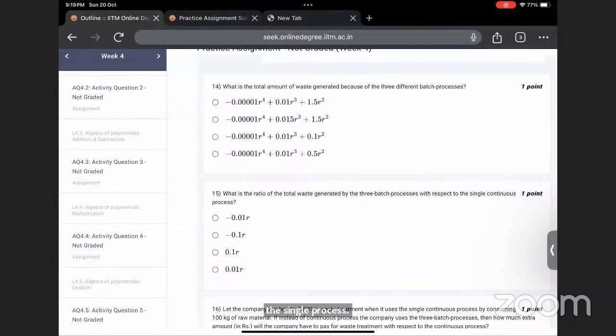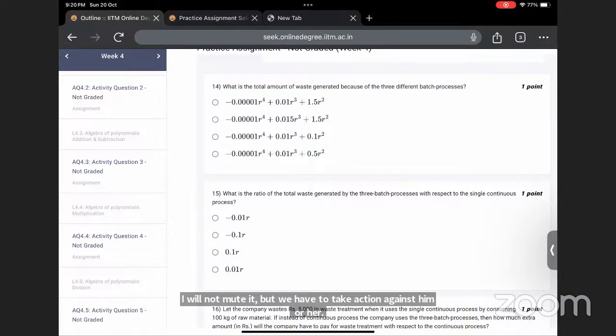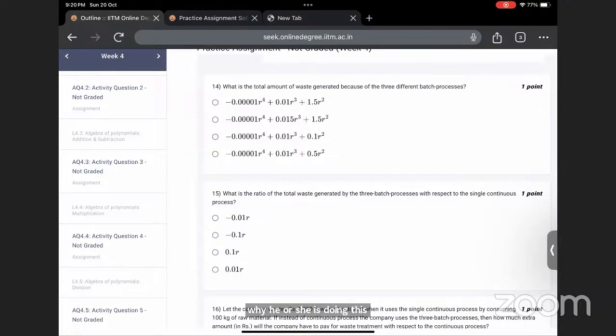Who is this? There is no name. There is someone in the chat box who is doing something wrong here. Ma'am, you can mute the chat. No, I will not mute it, but we have to take action against him or her. I don't know who this is or why he or she is doing this. Can you please give me exit from this?